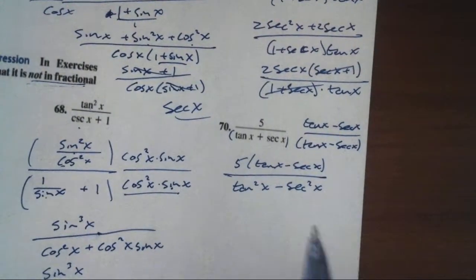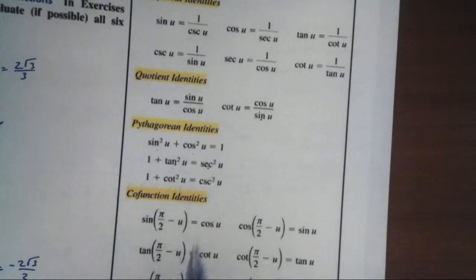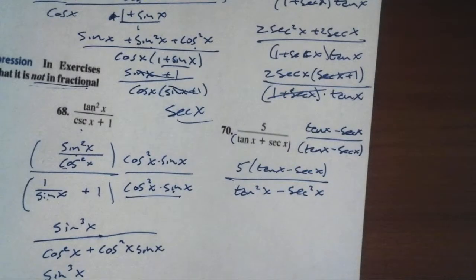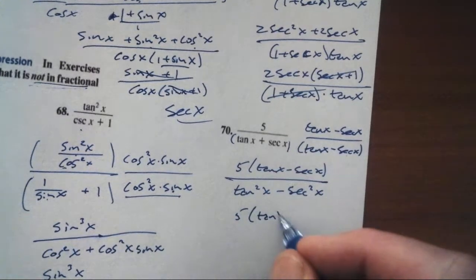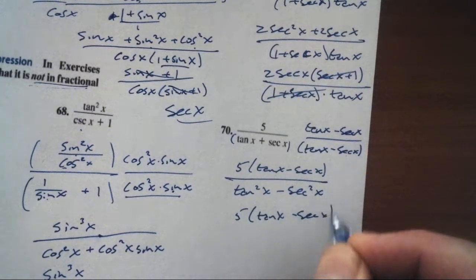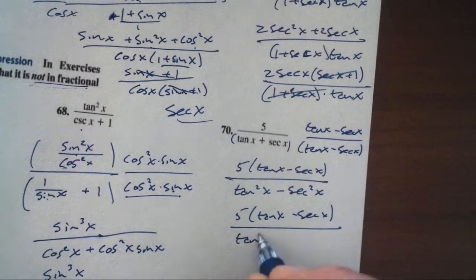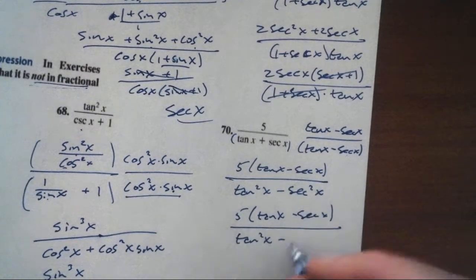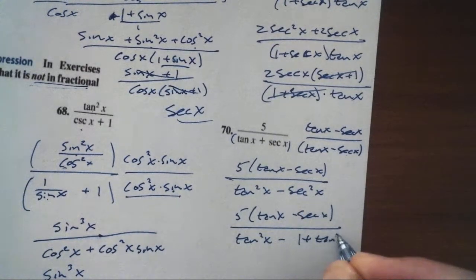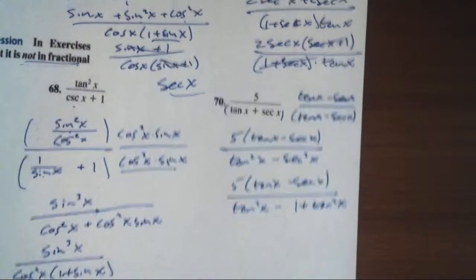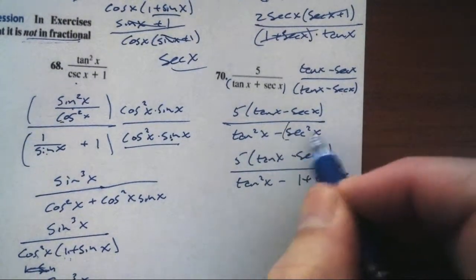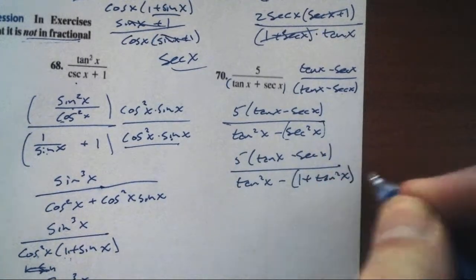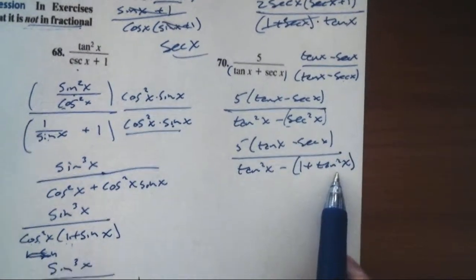Wrong form. Secant squared is equal to 1 plus tangent squared. See if you can spot this error. So this is tangent squared minus secant squared, which is 1 plus tangent squared. Did you spot the error? It's one I talk about all the time. Here we're subtracting secant squared, so down here we're subtracting that same value.